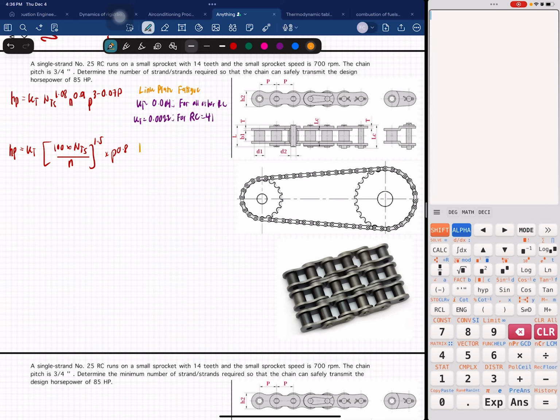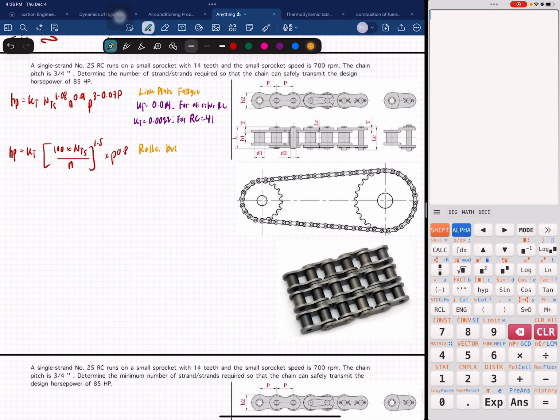And this is your roller bushing impact equation.